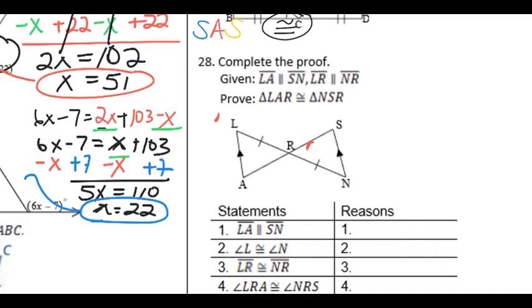I also have vertical angles in the middle. So that's angle LRA and angle NRS. If you look at the picture, we have angle, side, angle. So that means our triangles are going to be congruent. And that's all we need to do, is prove that the triangles are congruent. That'll prove it: angle, side, angle.